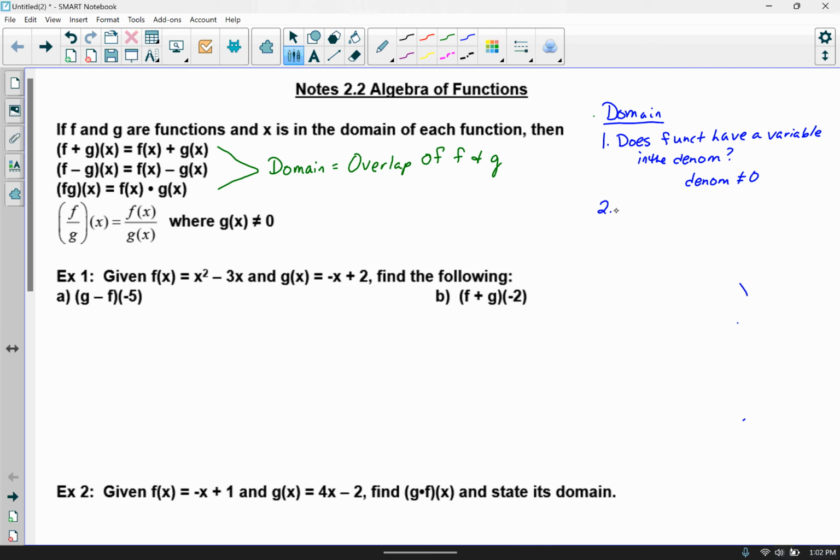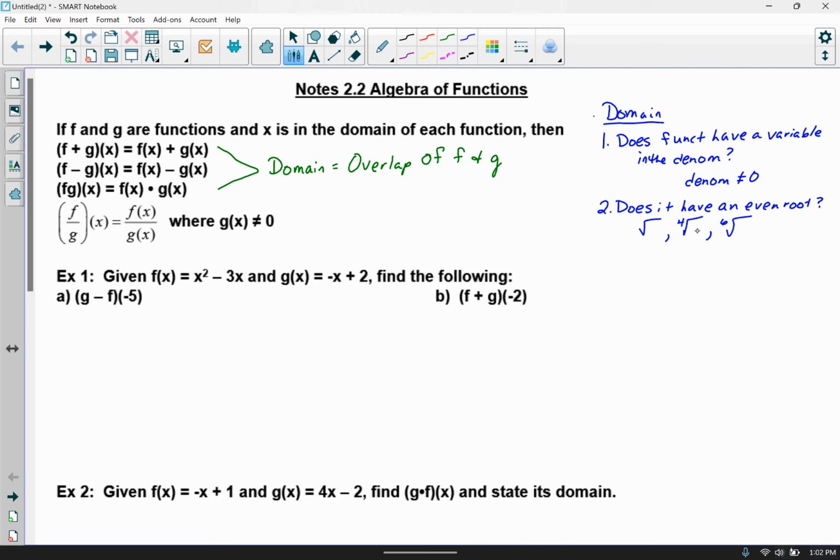Second question then: if you answer no to that question, you ask yourself, does your function have an even root? What I mean when I say that is, do you have a square root, a fourth root, a sixth root?